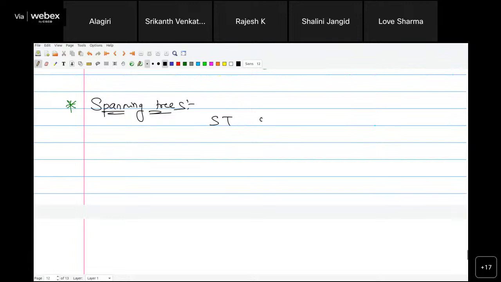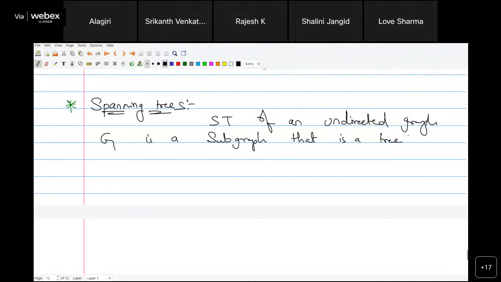So the spanning tree of an undirected graph G, I will say, is a subgraph that is a tree which includes all the vertices.